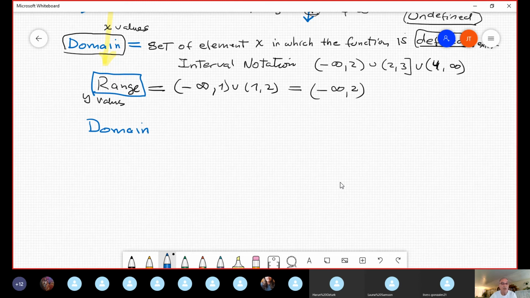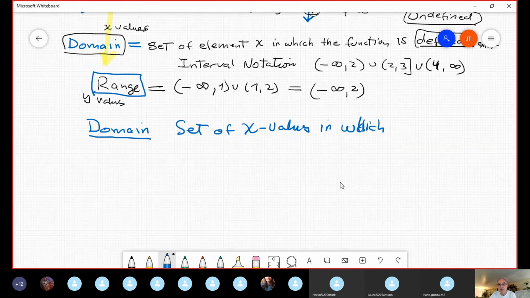So if an equation is given, let me explain in detail one more time: domain is a set of x values in which the function is defined.